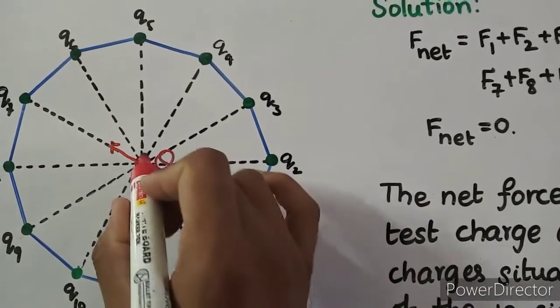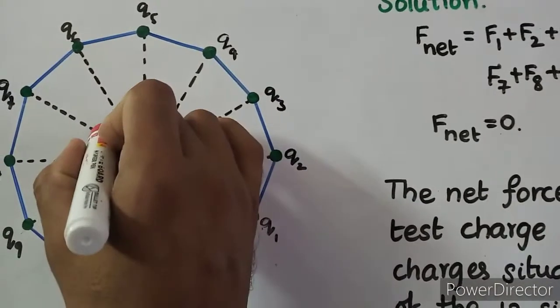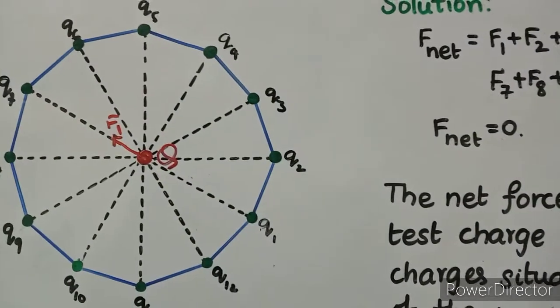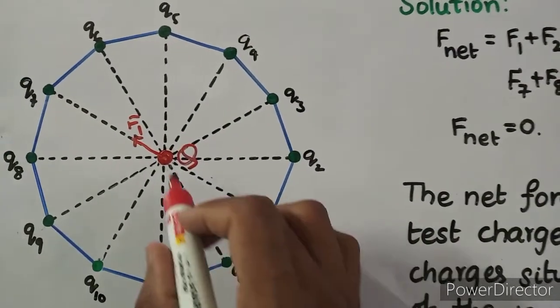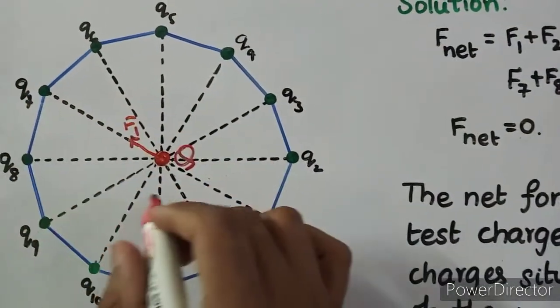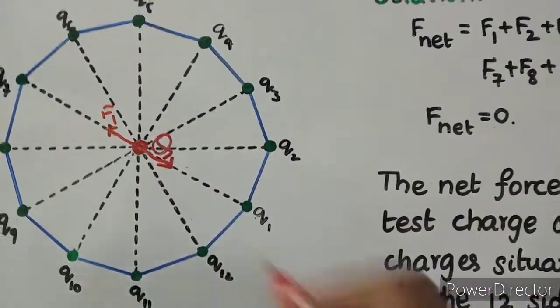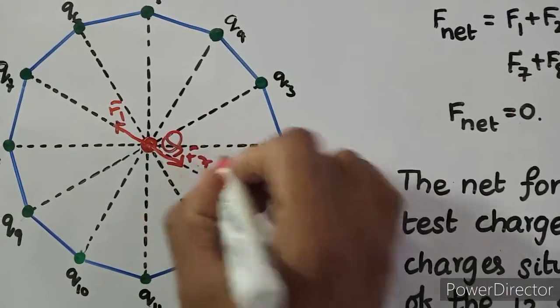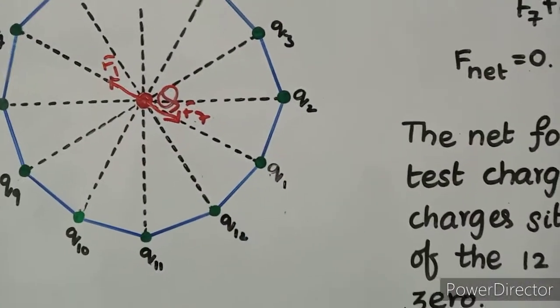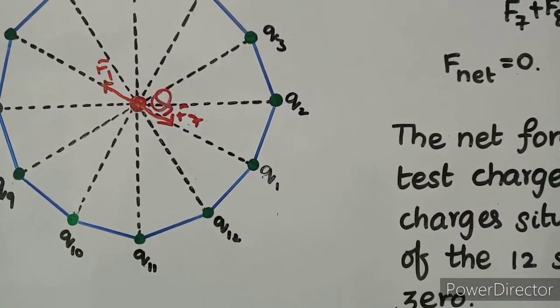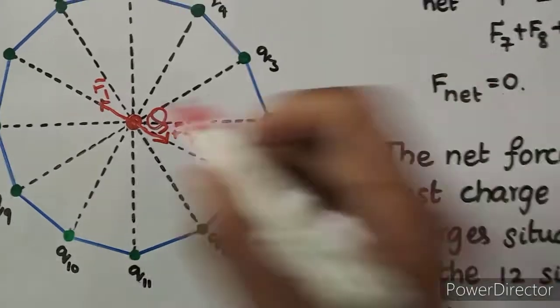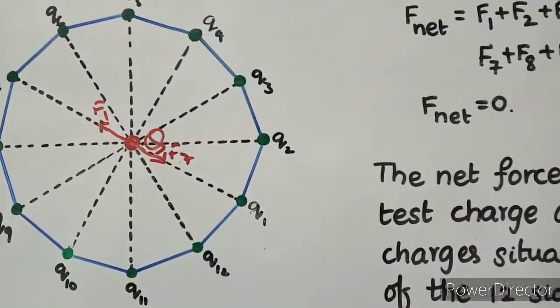Let's call it F1. The force due to Q7 on this test charge will be in the opposite direction, let's call it F7. The magnitude of the force is the same, but they are in opposite directions, so F1 cancels with F7.